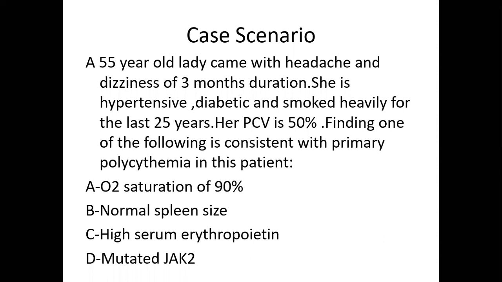A, oxygen saturation of 90%, B, normal splenic size, C, high serum erythropoietin, and D, mutated JAK2 test. And I will not give you the answer. You will find the answer during the lecture.